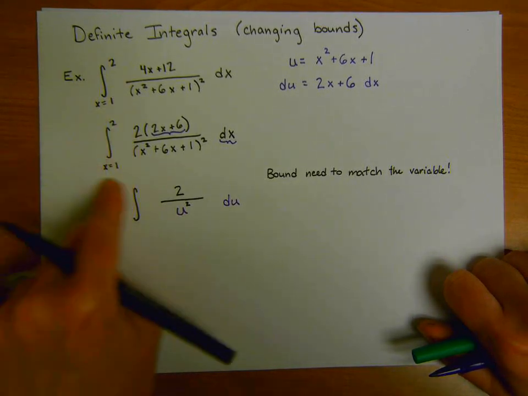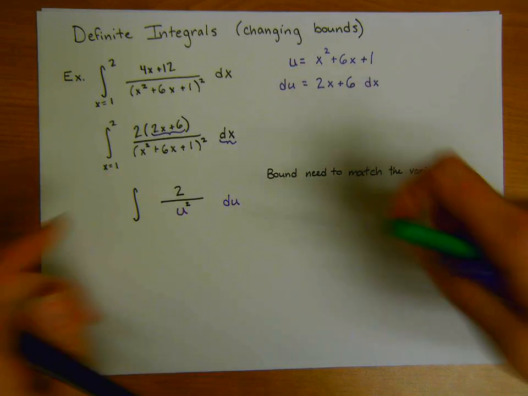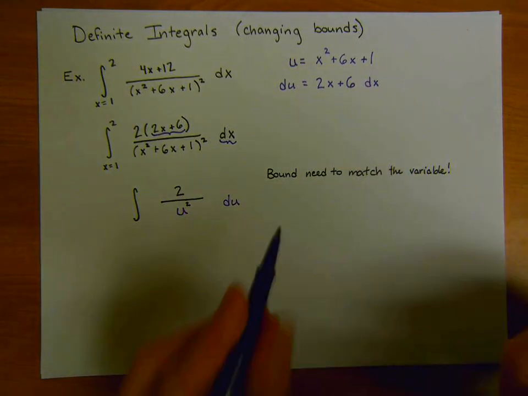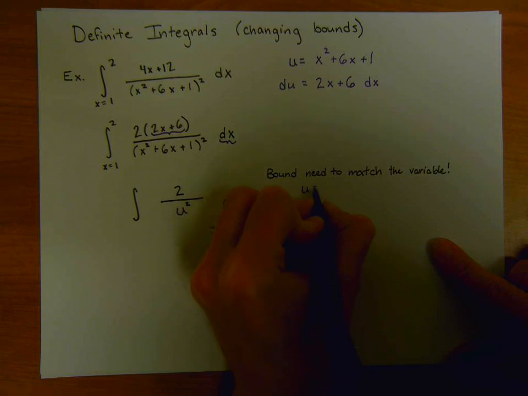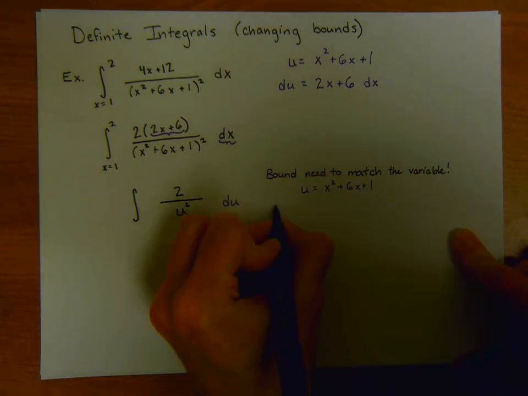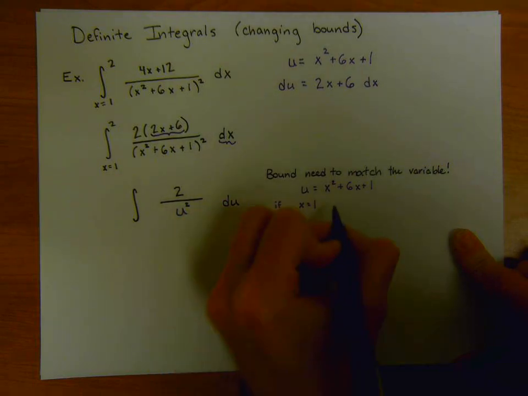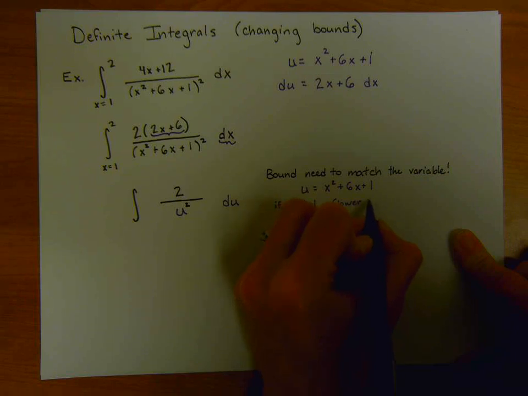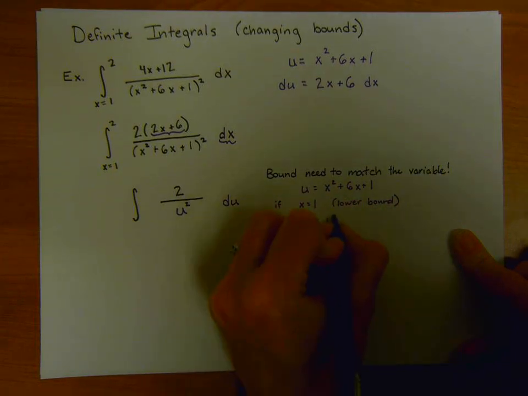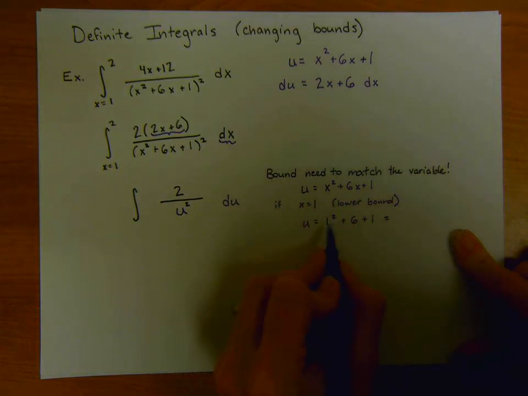And what relationship do we have to do that? Well, we have a relationship between u and x. So here we see that u is equal to x squared plus 6x plus 1. If x equals 1, which is the lower bound, we get that u equals 1 squared plus 6 plus 1, which is actually just 8.